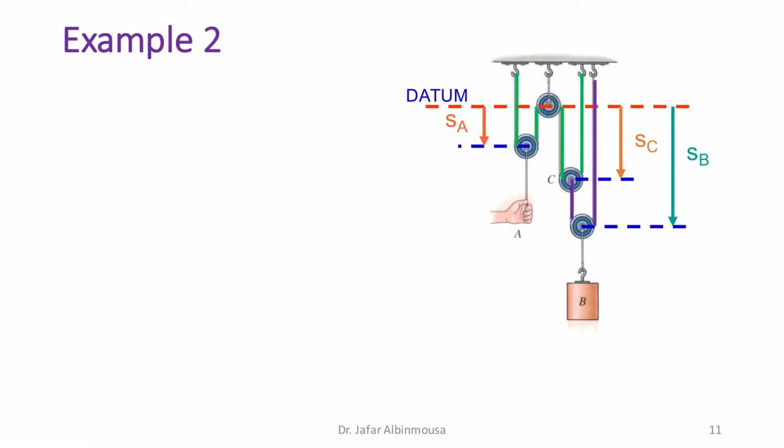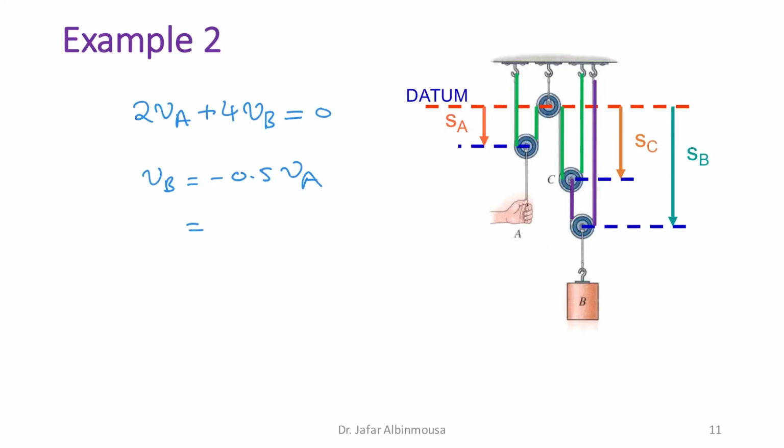Now, if I differentiate with respect to time, I should keep in mind that L1 and L2 are both constant, so what I will get is 2VA plus 4VB equals 0, which means that VB, which is the velocity I want, is equal to minus half VA.